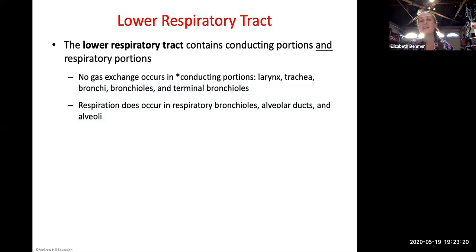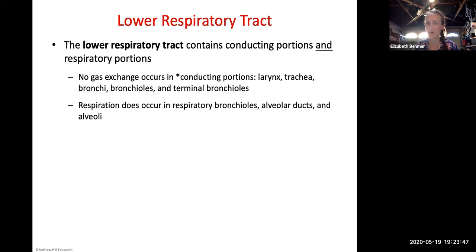This will contain conducting portions, where air travels, but also respiratory portions. And again, the respiratory portions will be where gas exchange occurs. I just put this note in here: there's no gas exchange occurring in any of the conducting portions. So just a reminder that the conducting portions are the larynx, trachea, bronchi, bronchioles, and terminal bronchioles.